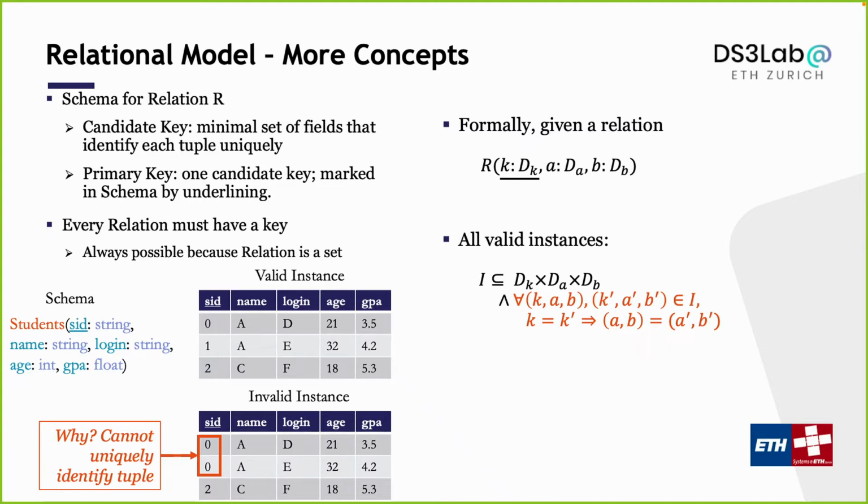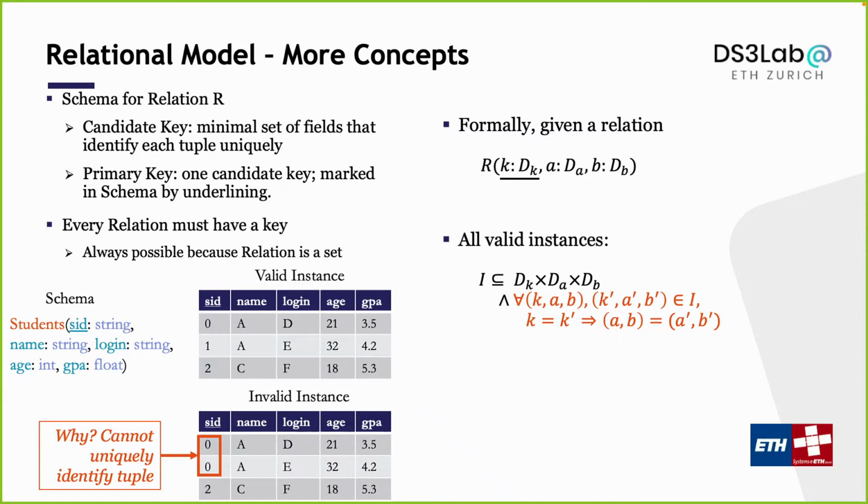Okay? Formally, this is what it is. Intuitively, what is a valid instance? It means that if you give me an instance, I cannot find 2 tuples that are different but share the value on the key. Okay? Make sense?